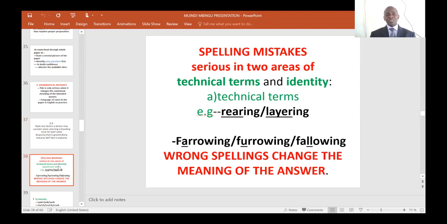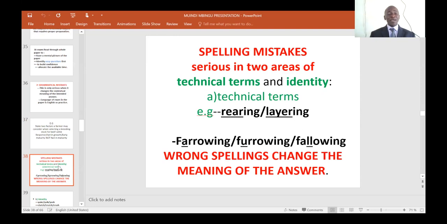Spelling mistakes are also common, but they are only penalized if the wrongly spelled word has another meaning altogether. Spelling mistakes are common on technical terms, and also where candidates are required to identify. Let's give examples.